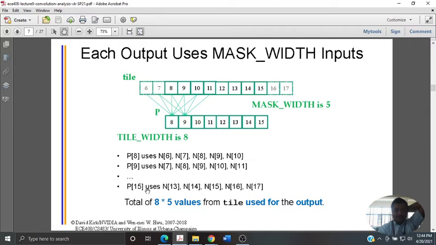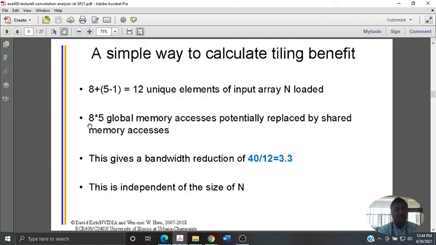Tiling benefits. What are the benefits of tiling? It is 8 plus 5 minus 1, that is output tile width plus mask width minus 1. That is the total number of unique elements of input array N to be loaded, which is 12. Versus 8 into 5 global memory accesses, if you are not storing them in shared memory or constant memory, because for every element you have to go to global memory.